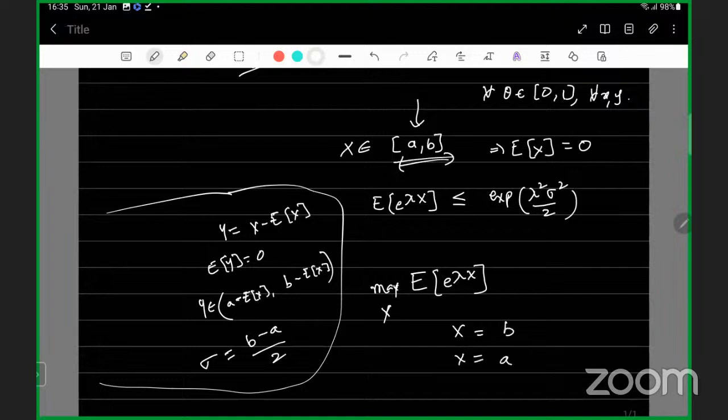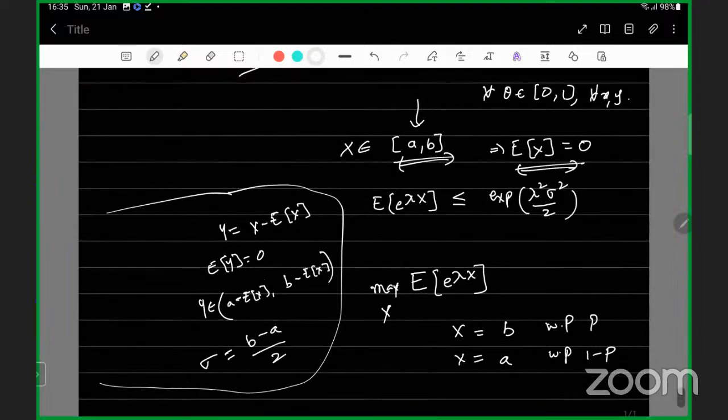Let's say H takes only these two values, and you have to select them such that the expected sum will be zero. So if you carefully select these probabilities, with probability P and with probability 1 minus P, from this equation you can find the P, right?